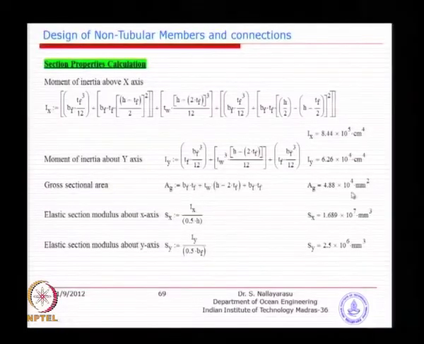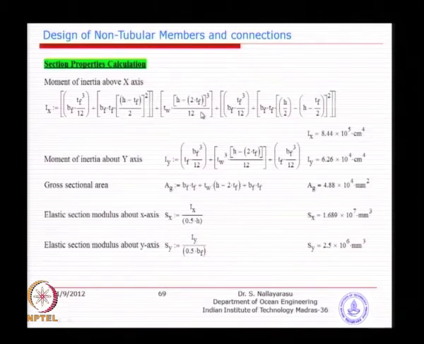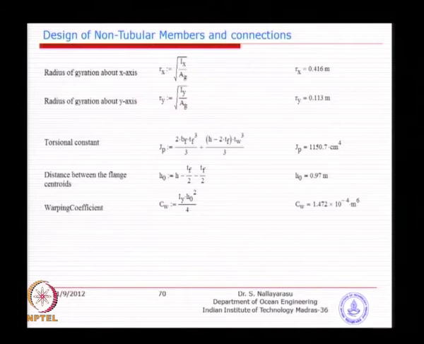This is the moment of inertia and section modulus calculation, which is easy to remember, but you can also not remember this large formula, you can just do it from the basics. Then radius of gyration, polar moment of inertia, or torsional constant we call it. So, you should also remember how we do it. It is basically width times the thickness cubed divided by 3 and cumulative of all the segments.